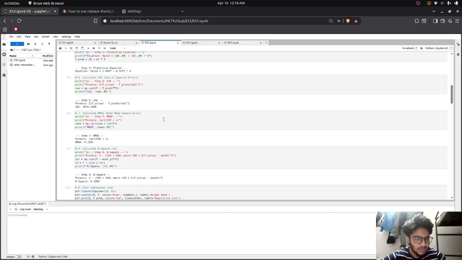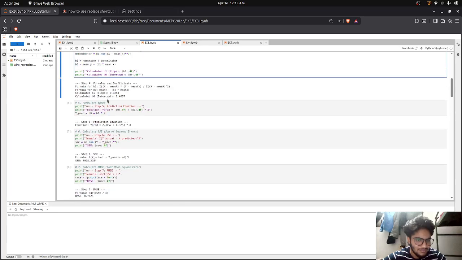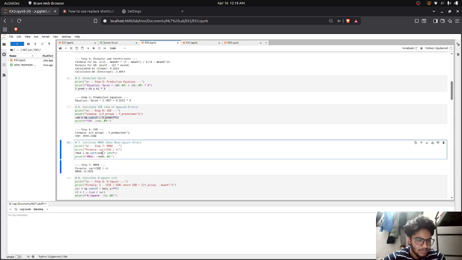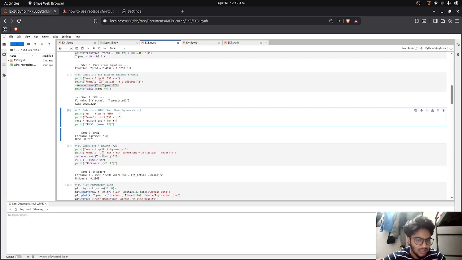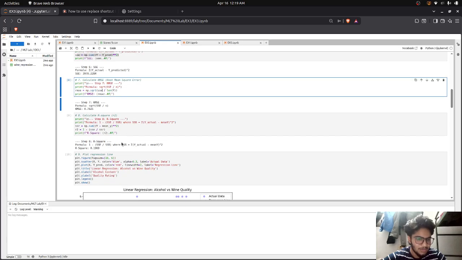For the evaluation metrics, we calculate SSE, the sum of squared errors. These are the formulae used here. So we can conclude RMSE, root mean square error, and we calculate R square.